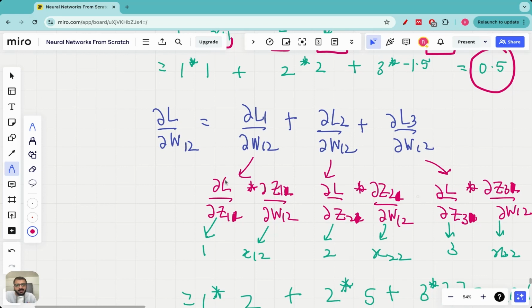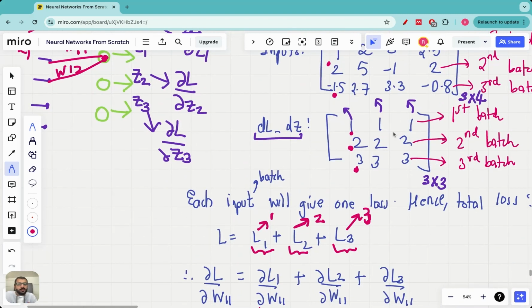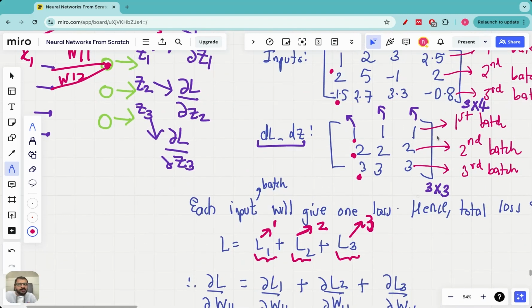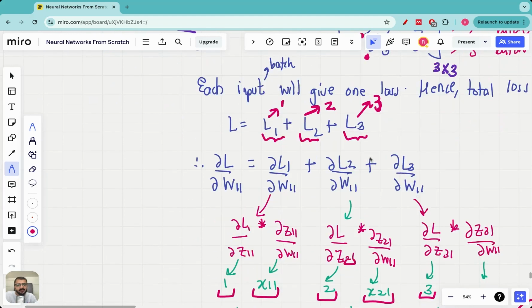It will be the partial derivative of the loss with respect to Z11 multiplied by the partial derivative of Z11 with respect to W12. Remember, it is Z11 because we are still looking at the first batch and the first neuron. So although we are looking at W12, it still corresponds to the first neuron.